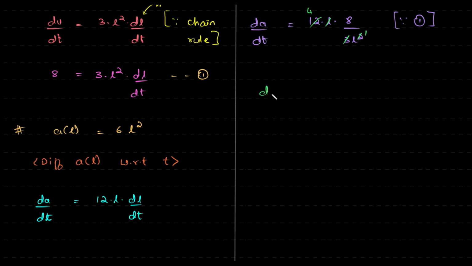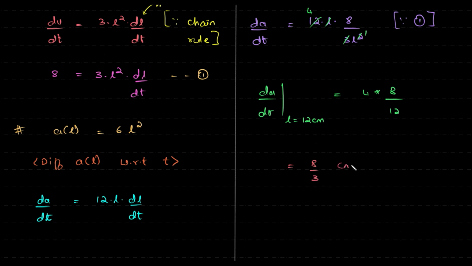And finally dA by dt at L equal to 12. Yeah, it's 12. This would be equal to 4 into 8 by 12. Okay, and finally we have 8 by 3.